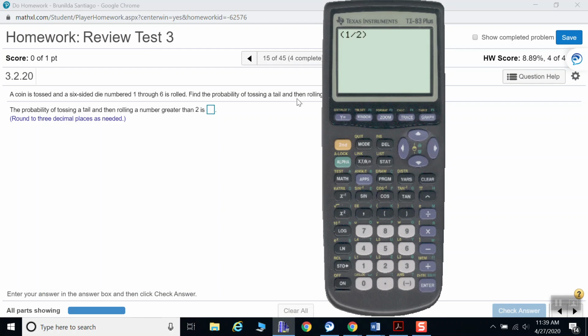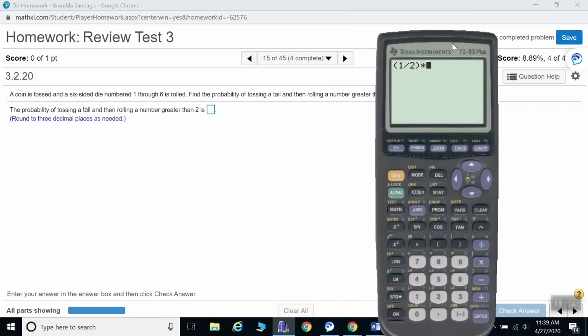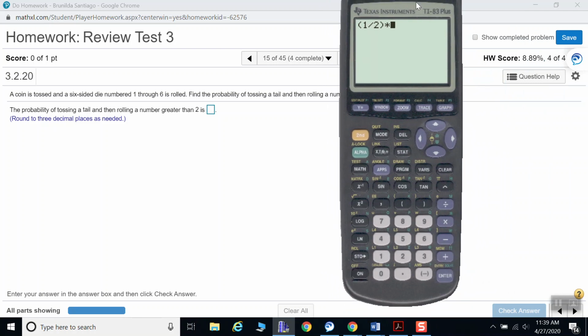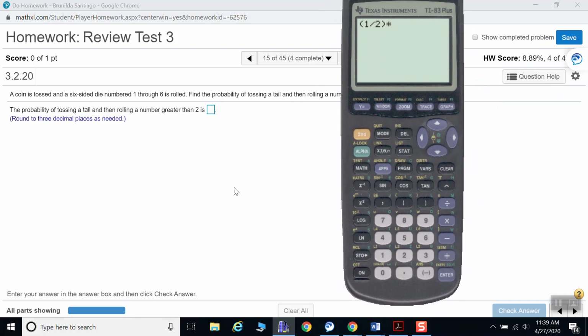Notice that it says and, so that means multiply by the probability of rolling a number greater than 2, and it is a 6-sided die. So a number greater than 2, the options are the number 3, the number 4, the number 5, and the number 6.